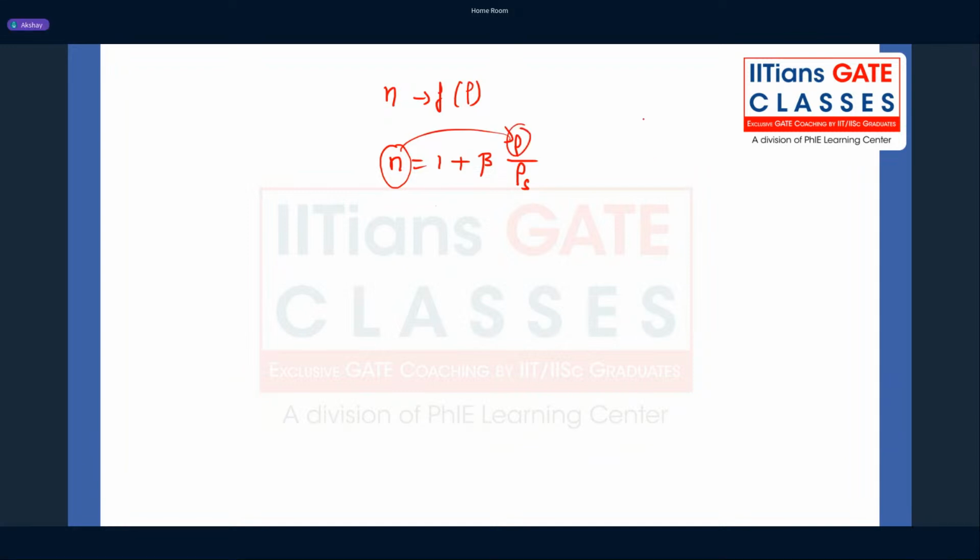I'm not going to give you the derivation part of it. It is not important. All we have to understand here is that the refractive index and the density of the medium are related. What you have studied in your high school physics is Snell's law, which relates to the angle, the geometry of the light path, whereas this relates to the density of the medium.